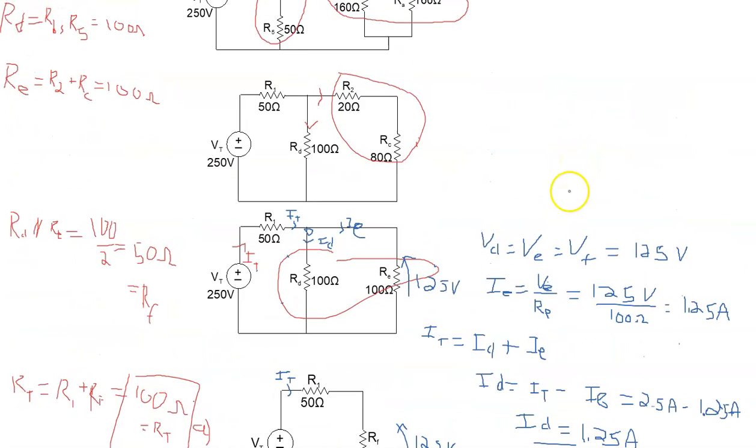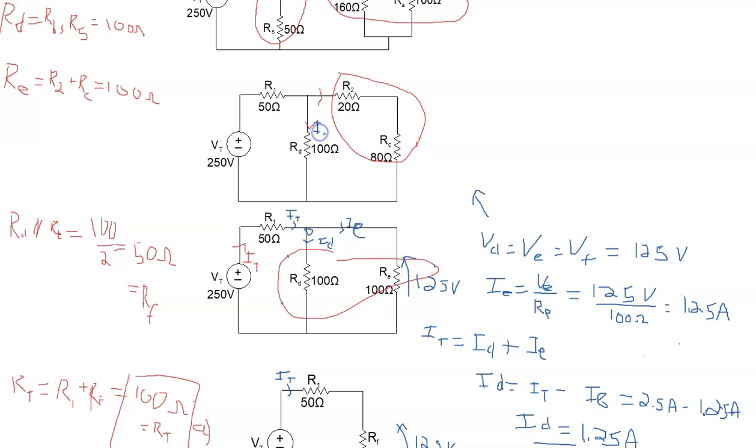Okay, so now we need to move up to the next circuit. I guess really we want to say that we're moving that way. So now we have ID right here.